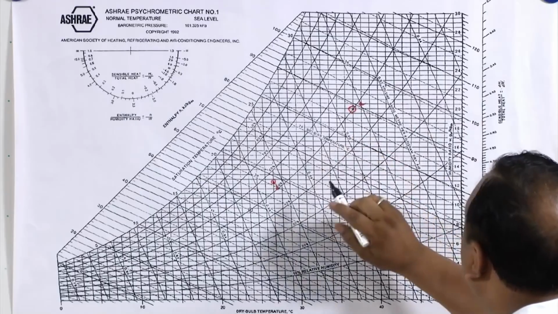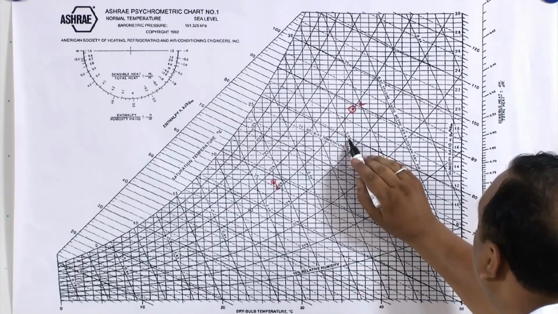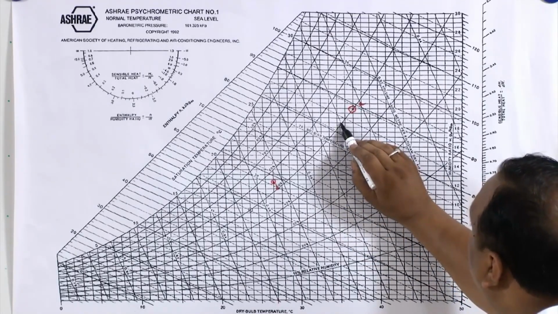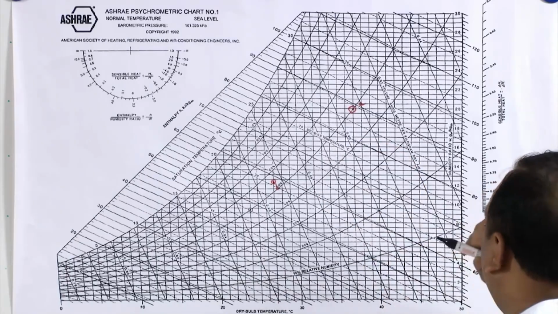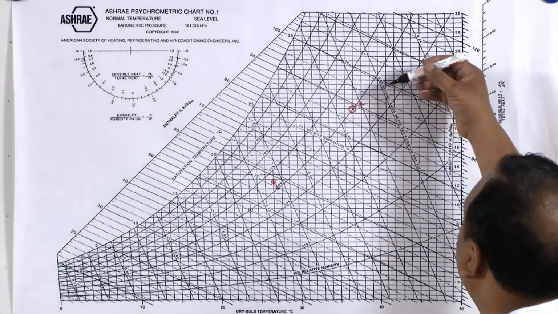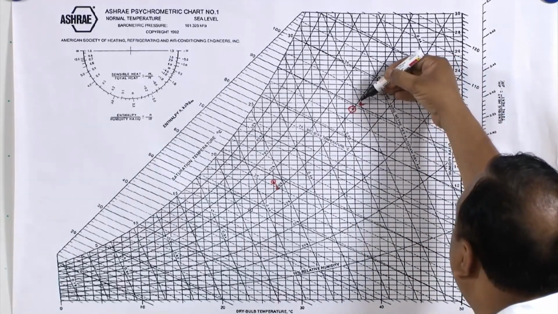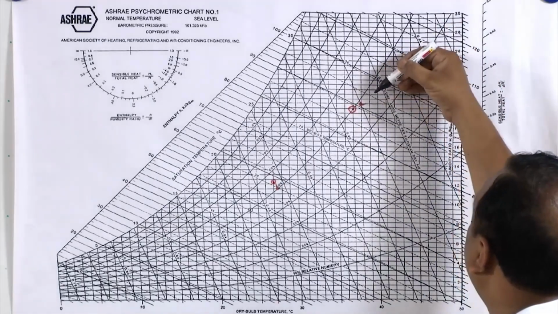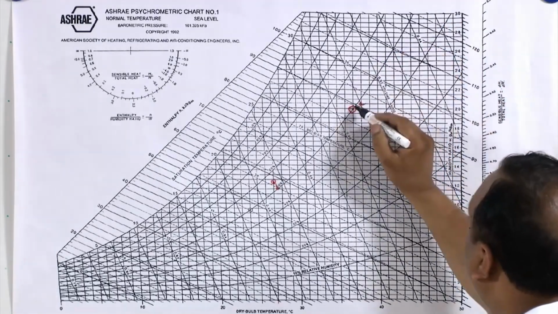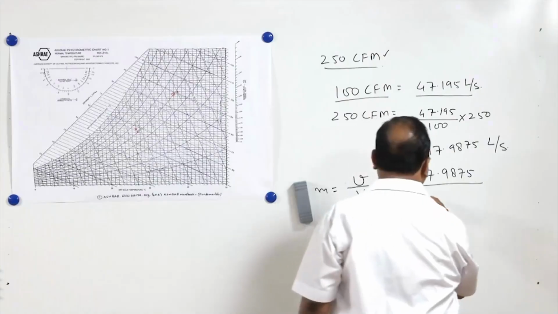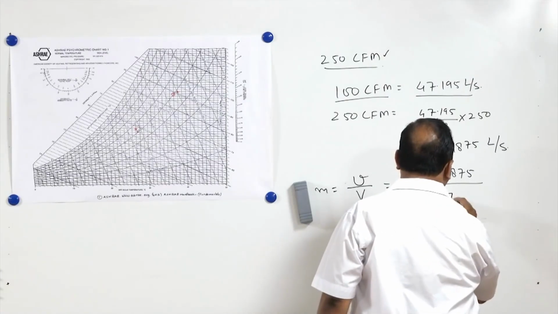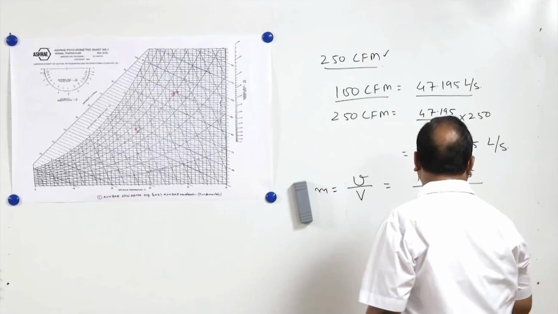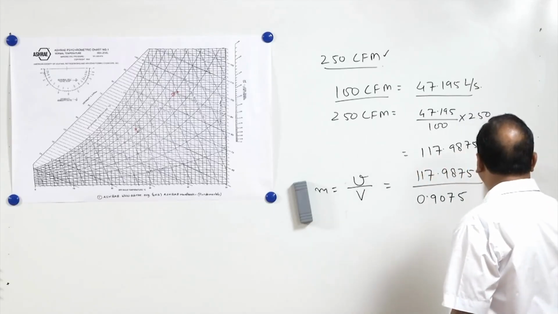Now at the outdoor condition, the specific volume here is 0.90, this is the 0.90 meter cube per kg line, and this one is 0.91 meter cube per kg. So this is going to be approximately 0.9075 meter cube per kg. This is in liters per second, so it has to be converted into meter cube per second.